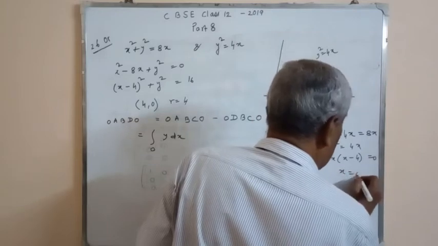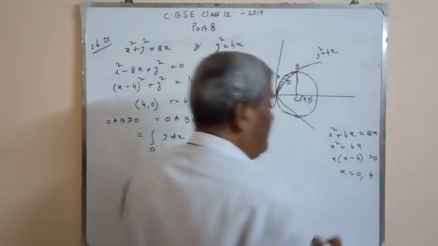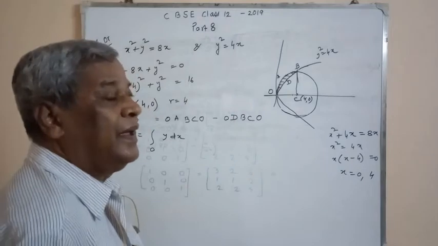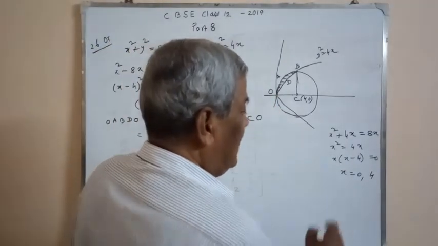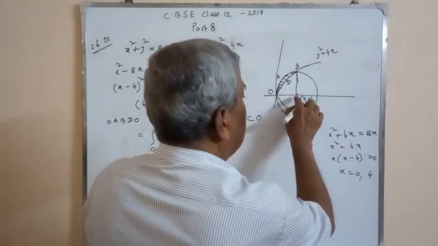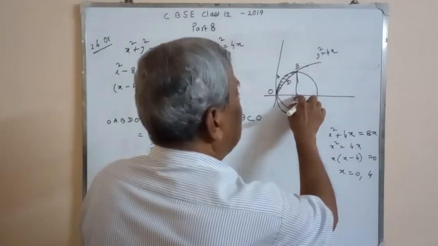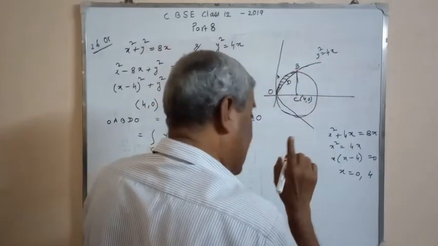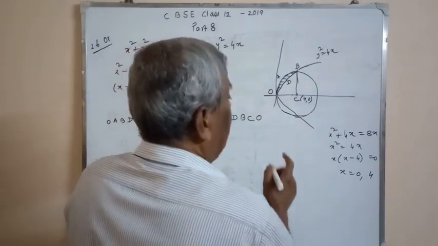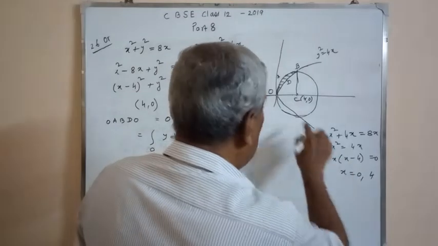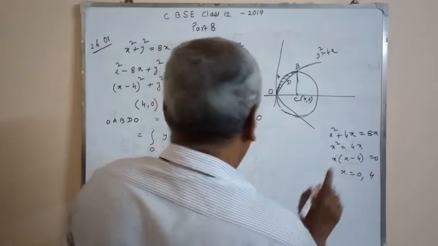So x is equal to either 0 or 4. X is equal to 0 is that point. X is equal to 4 is the point C, that is the center. So the range of x of that region lies from 0 to C, meaning 4.